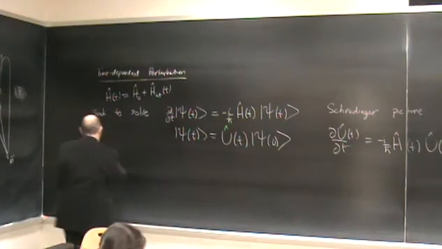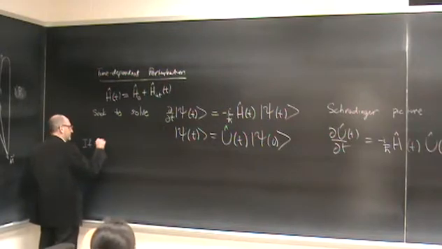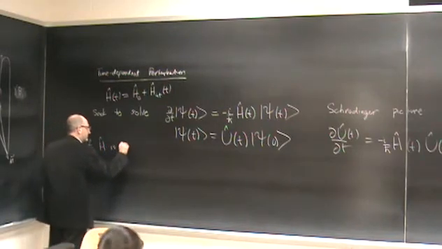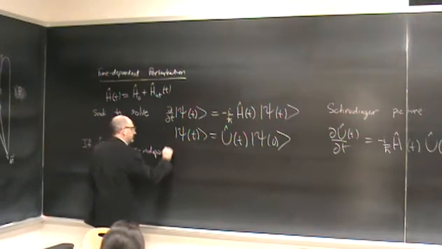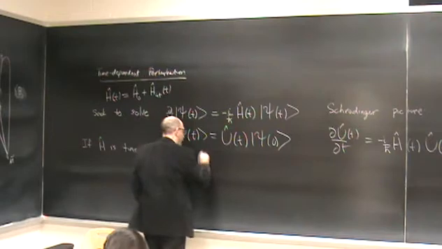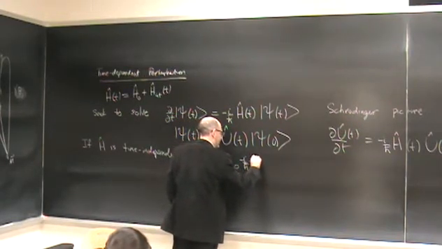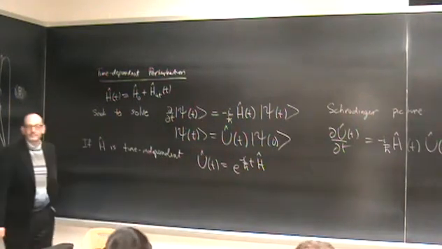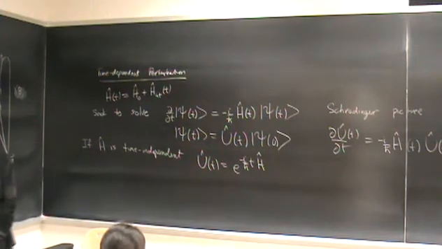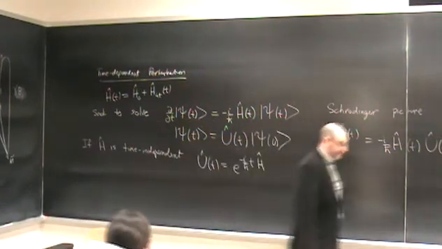When we had a time independent Hamiltonian, then, you know, we have the solution. It's trivial to write down, at least as an equation. That's what it is, right? But when H is time dependent, all bets are off, okay?